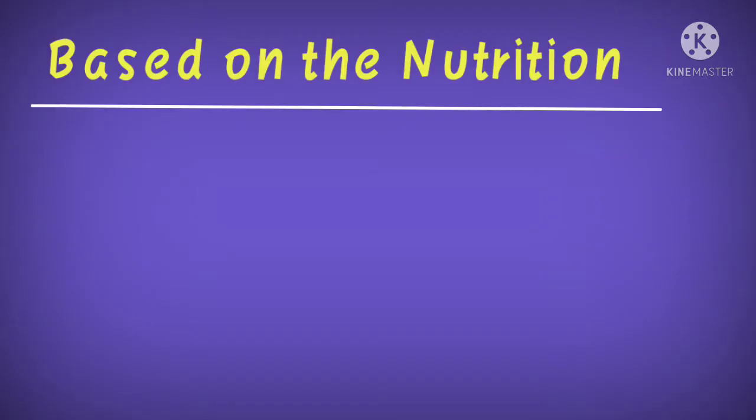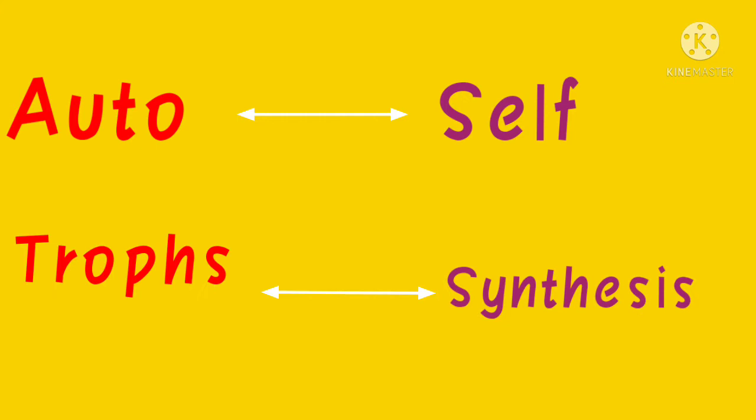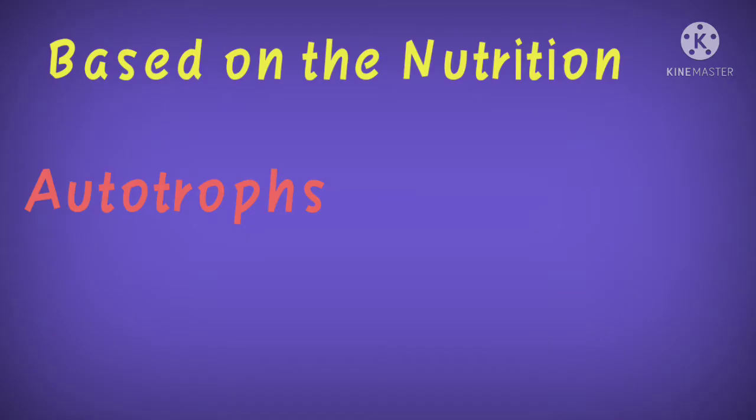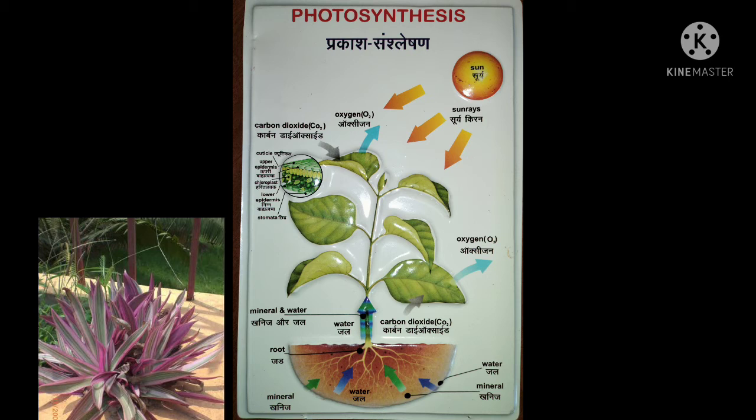Based on nutrition, the living organisms are divided into two types. They are autotrophs and heterotrophs. Auto means self, trophs means synthesis. So, the living organisms which prepare their food on their own are called autotrophs. For example, plants. So these prepare food using some factors.